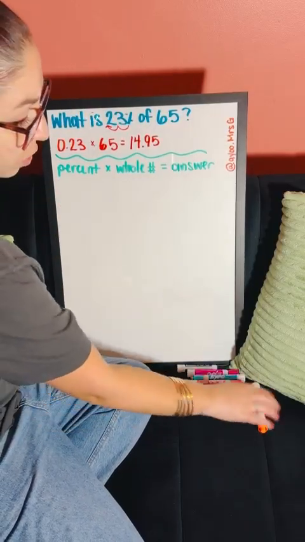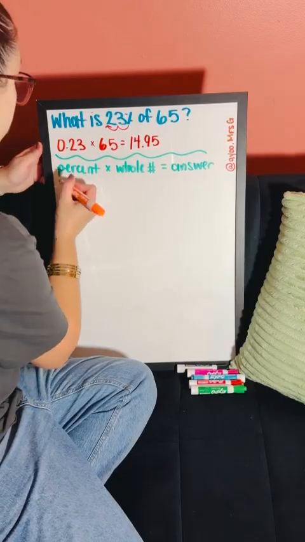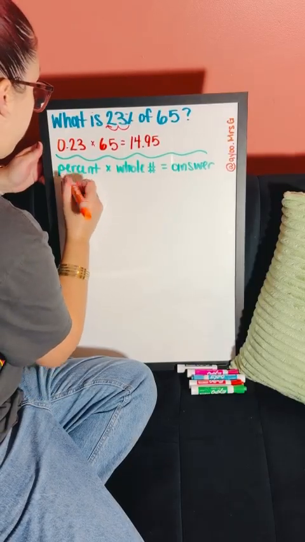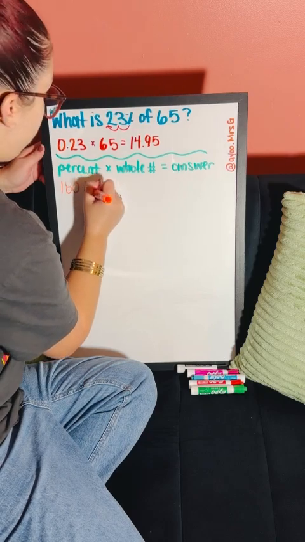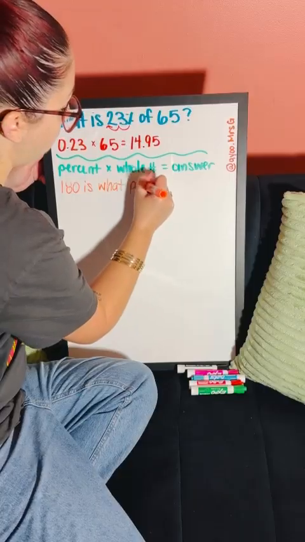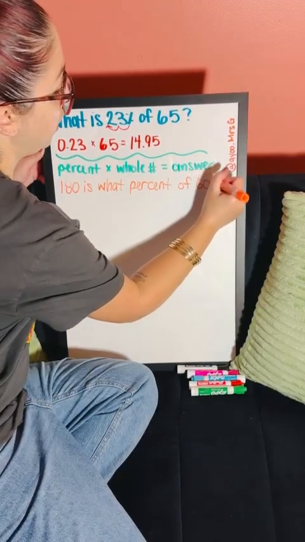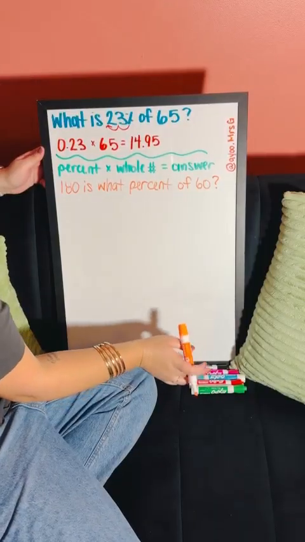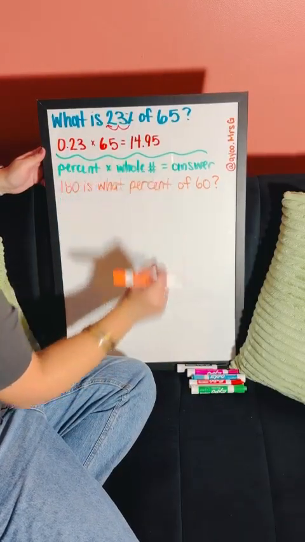So let's say I had a question like, $180 is what percent of 60? So in this scenario, we're going to go ahead and look to see what we have and then fill out the rest.